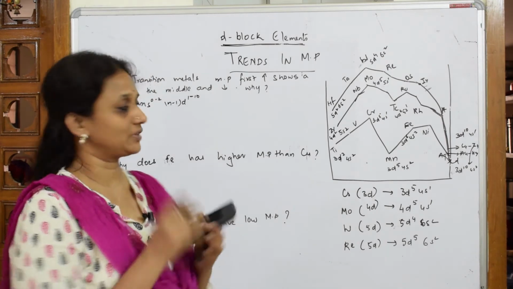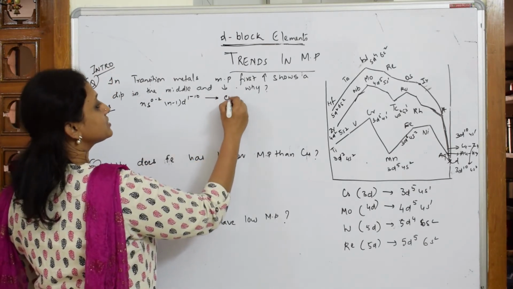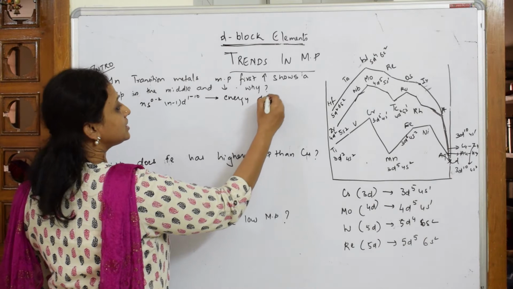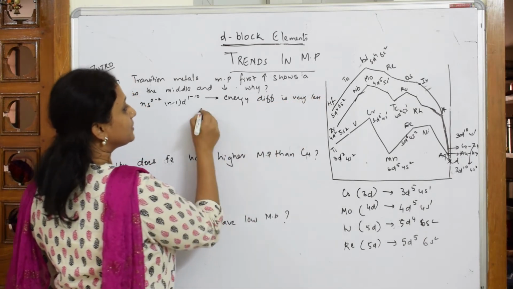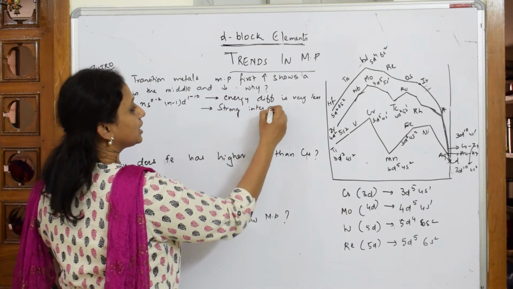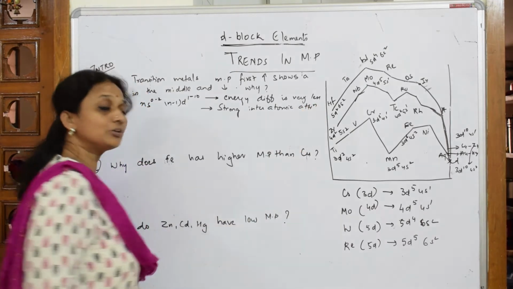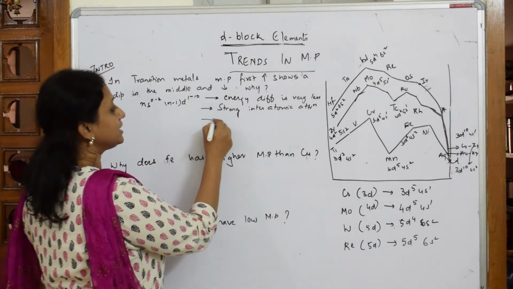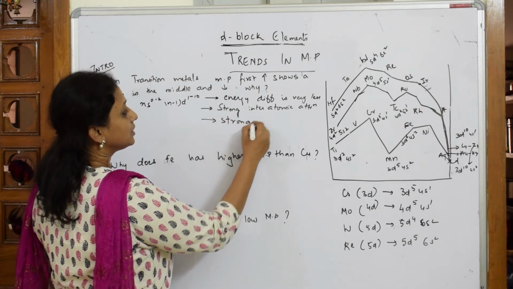First most important thing, what did I say? Let us write it first. The energy difference is very less. When it is very less, they'll undergo strong interatomic attractions. Then finally it leads to a stronger metallic bond.